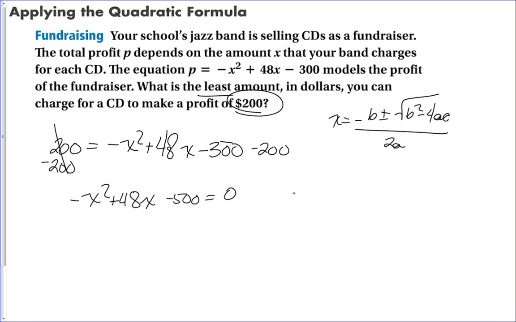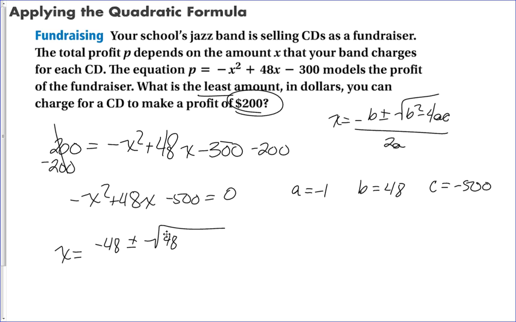So we know that a equals negative 1, b is 48, and c equals negative 500. So we're going to have x equals negative 48 plus or minus the square root of 48 squared minus 4 times a times c, all divided by 2a.